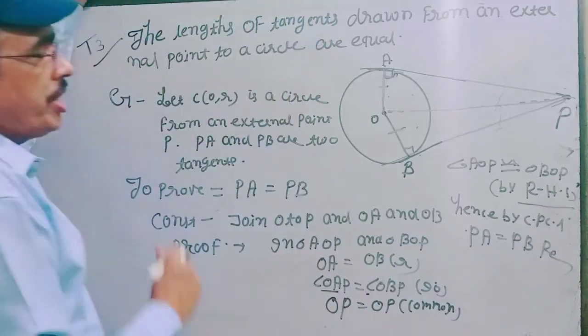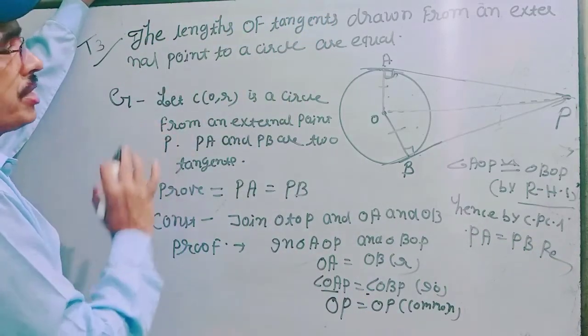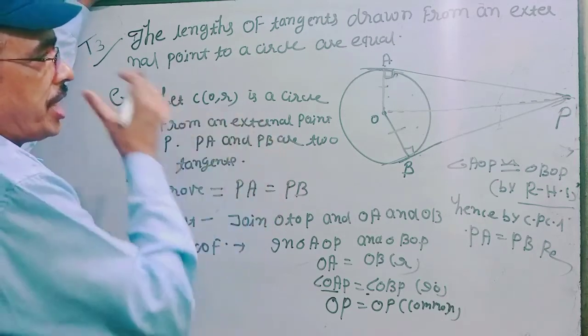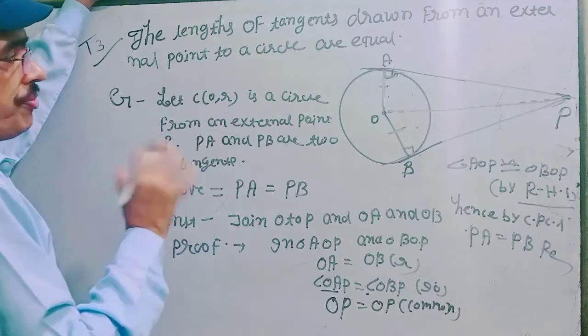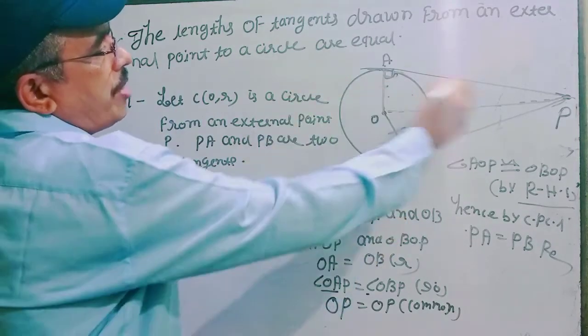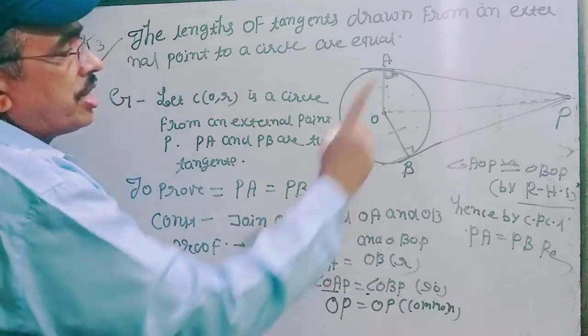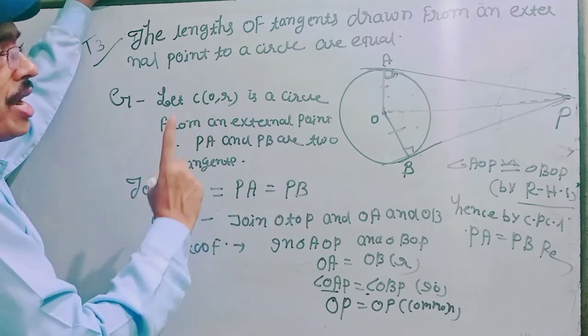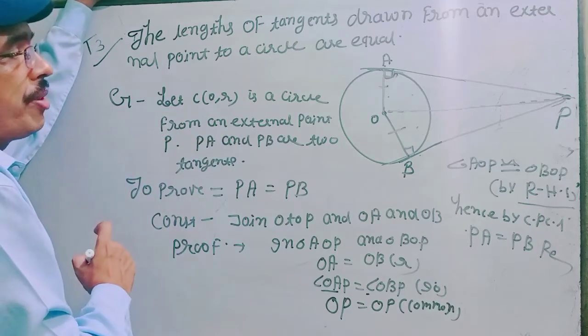So dear student, your question is the lengths of the tangents drawn from the external point of the circle are equal. So first you draw a circle. Suppose O is the centre of the circle and PA and PB are two tangents drawn from the external point P, and you have to prove that the length of PA is equal to the length of PB.